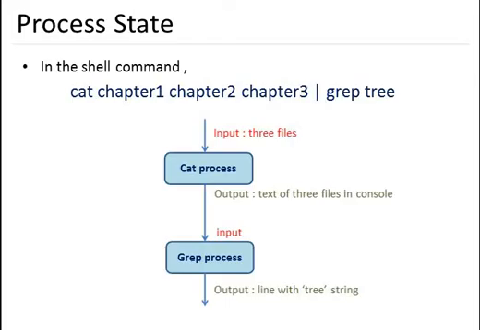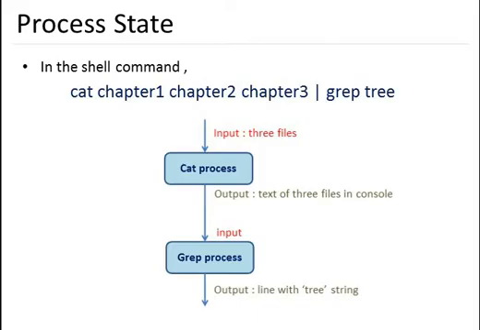What I want you to understand is this: are these two processes different? Yes, they are different. But are they communicating with each other? Yes. How? Whatever output the cat process gives is used as input to the grep process.